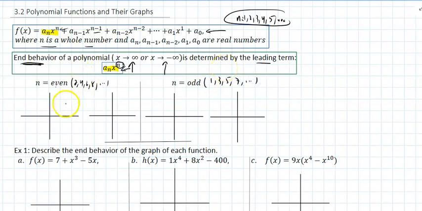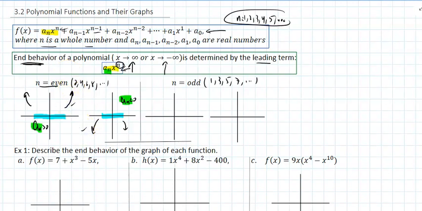If n is even, then the end behavior will look like a parabola if the leading coefficient is positive, and if the leading coefficient is negative, then that graph is going to look like an upside down parabola. Now, what's happening between here, that's what the majority of the chapter is about. That's why we need to find intercepts. But we know if you go far left and far right, it's going to look like this or this.